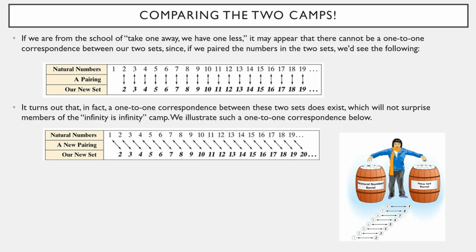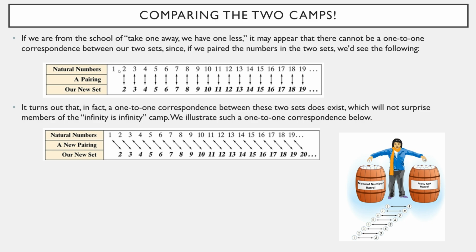If we are from the take-one-away school, we have one less. It may appear that there cannot be a one-to-one correspondence between the two sets, that is, if we paired the numbers this way: 2 to 2, 3 to 3, 4 to 4, the pairing would go on forever and this set would have one extra number.